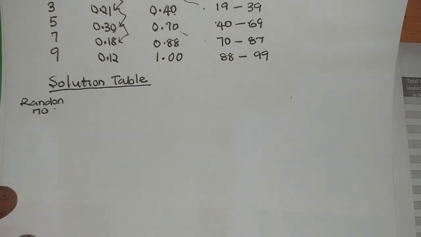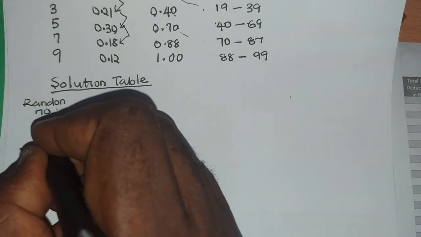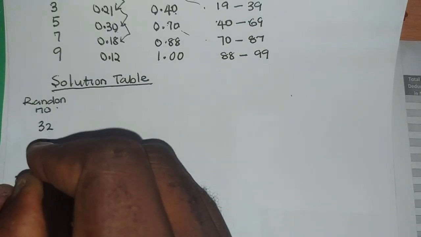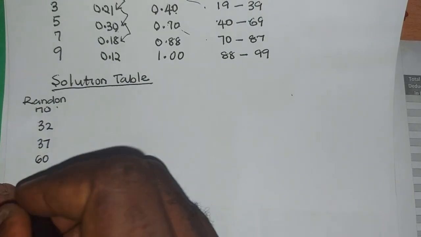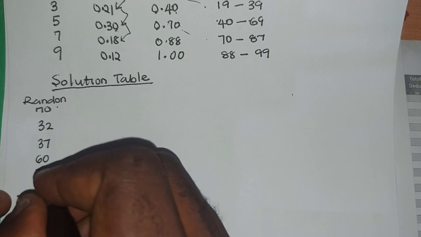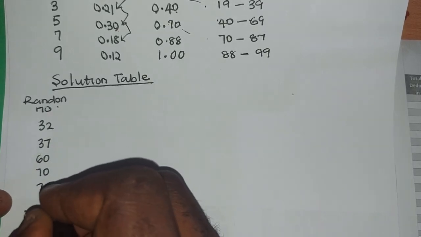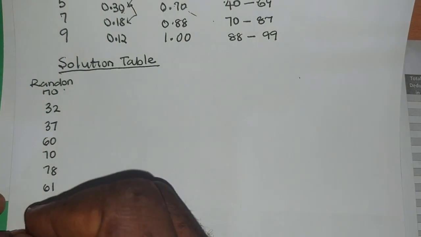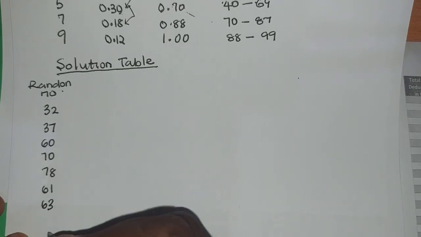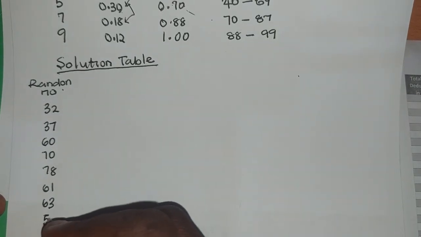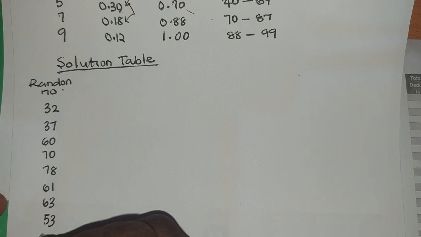All right, so we have 32, 37, 60, 70, 78, 61, 63. We have a 53. Then we have 33, and lastly 47.